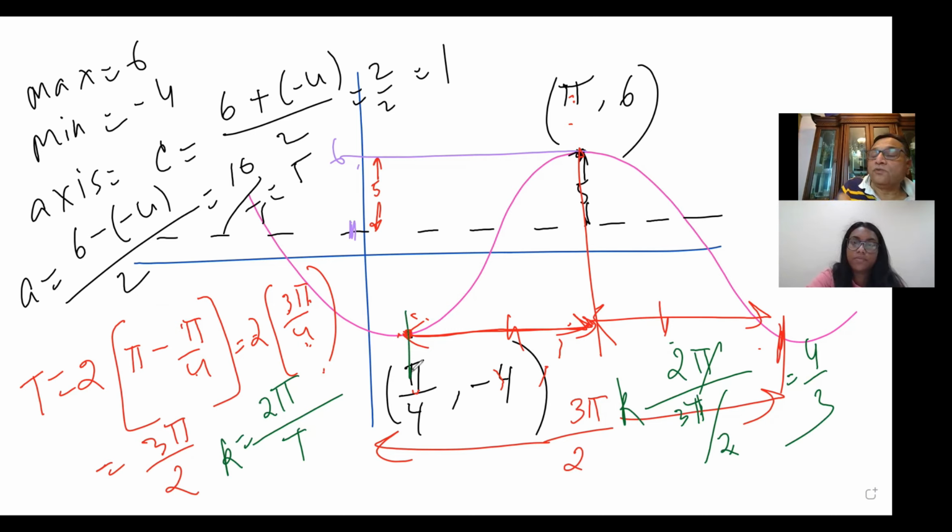Phase shift. To find the phase shift, we know sine wave starts with the axis, correct? So if I have to write the sine wave, I have to figure out where this point is. This point is midway between pi and pi by 4. Add them, divide by 2 to get this point. You get the idea?